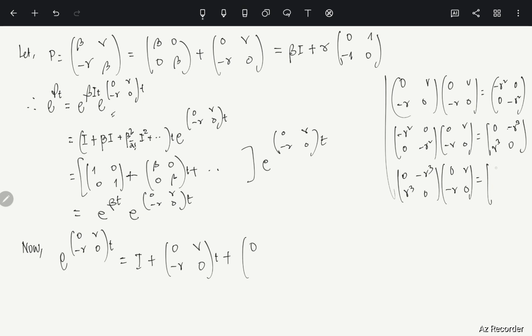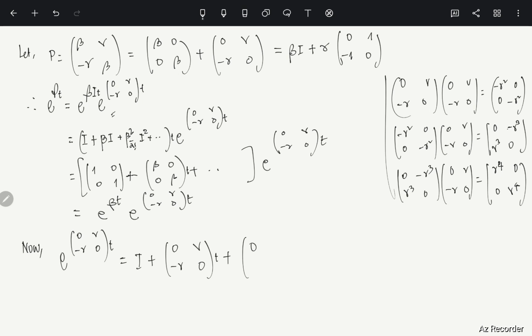If we multiply it, you are going to get [gamma power 4 0; 0 gamma power 4]. This is what we are getting.